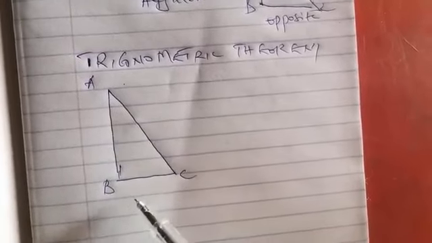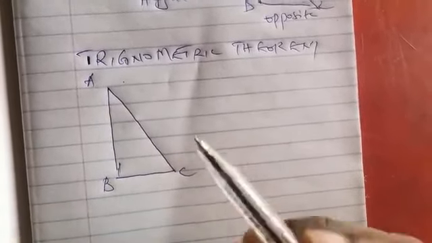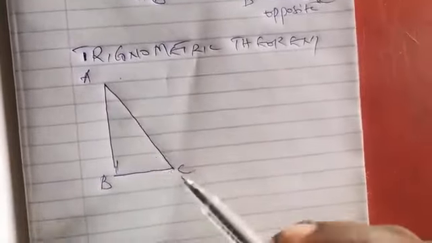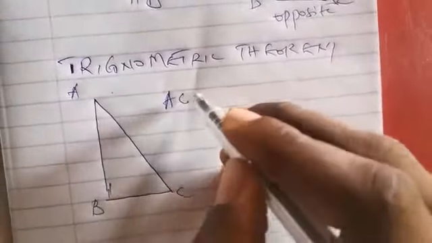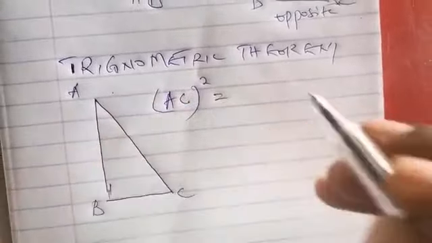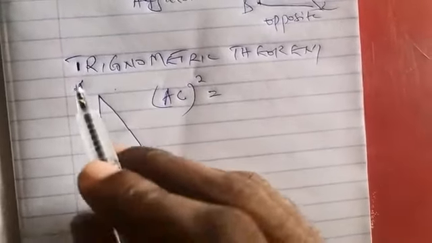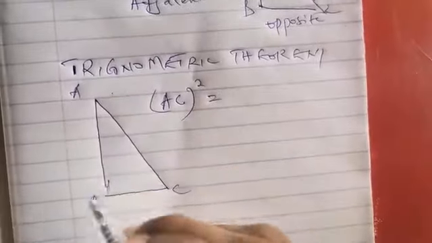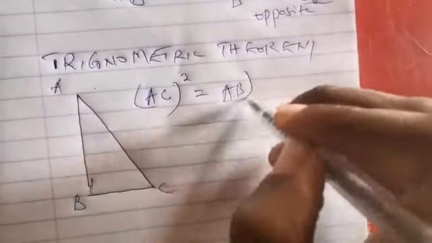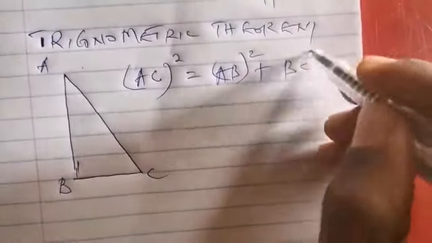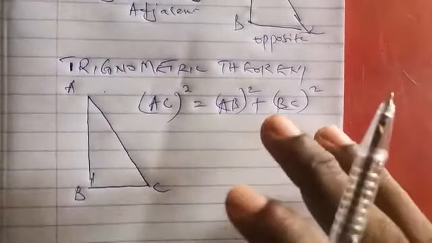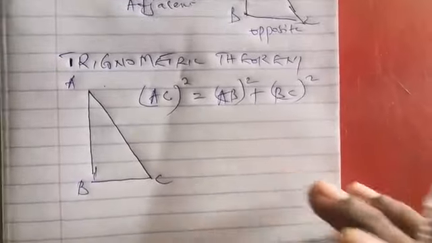So since there's no angle, these two sides become the adjacent. So the theorem is simply saying that the square of the hypotenuse arm, AC squared, is equal to the sum of the square of the two adjacent sides, so AB squared plus BC squared. So this is what the trigonometric theorem is all about.